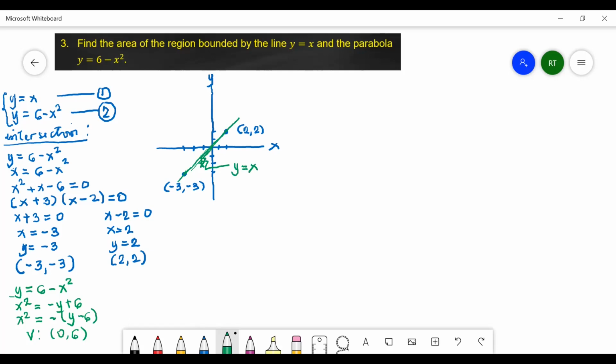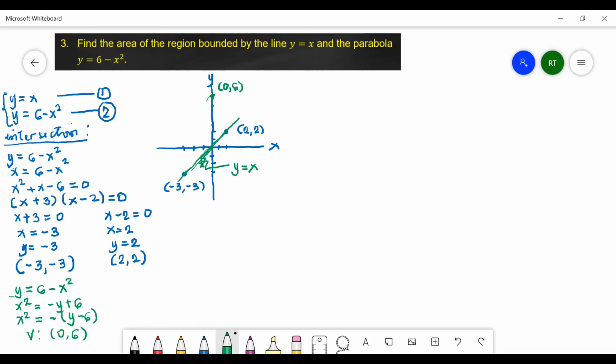And the parabola y is equal to 6 minus x squared is a parabola opening downward with vertex at 0, 6. Therefore, we have to locate the vertex. We have 1, 2, 3, 4, 5, 6. Approximately this is where the vertex is. The vertex of the parabola opening downward is at 0, 6.